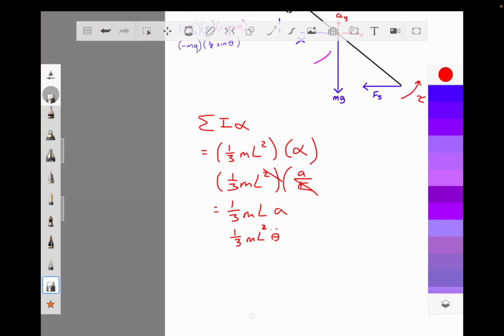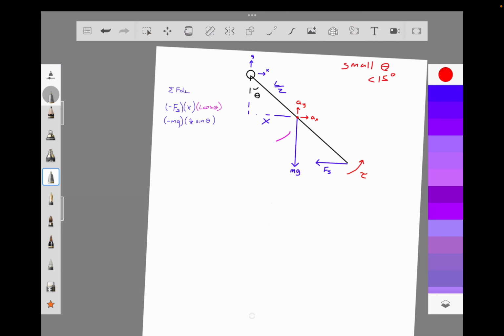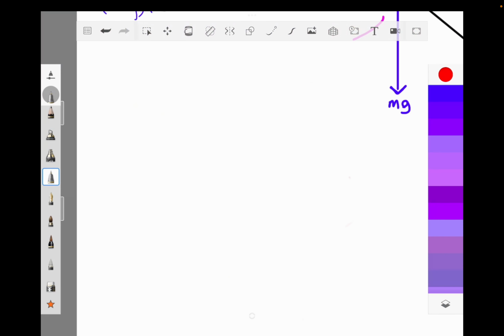But, so that's the way I would do it, personally. But you could also do it this way. So it's going to be sum of I alpha.